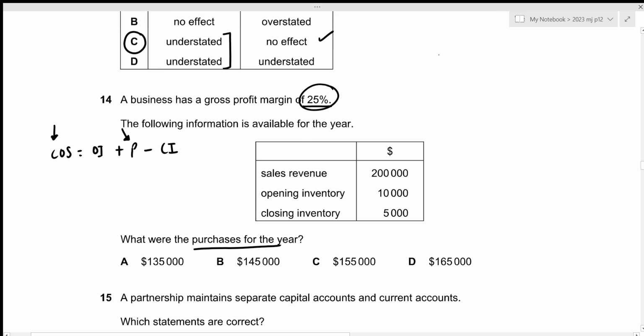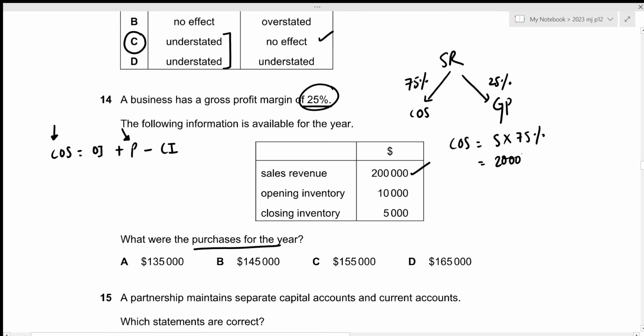So what gross profit margin means is that 25% of sales revenue will be the gross profit, which means that the remaining percentage, that's 75%, will be our cost of sales. So the cost of sales is just the sales times 75%. In this case, the sales is given to be 200,000. So cost of sales is just going to be 200,000 times 75%, which gives the value of 150,000.